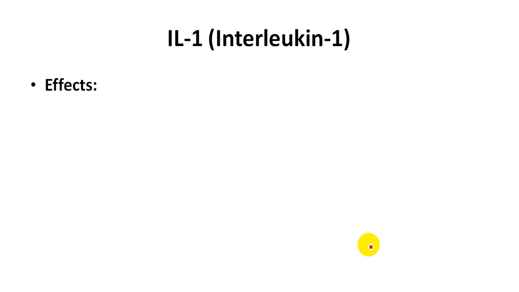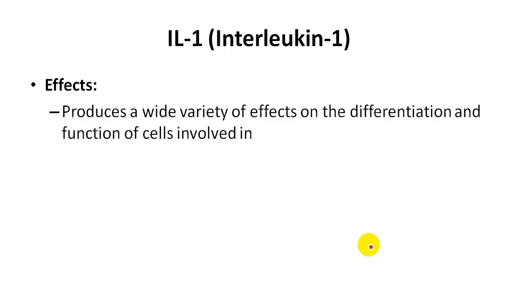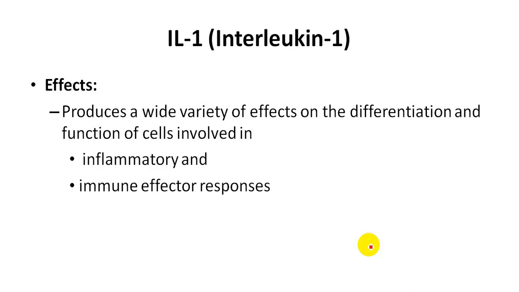Now, what are the effects of interleukin 1? Interleukin 1 produces a wide variety of effects on the differentiation and function of cells involved. It can lead to inflammatory response, and it can also lead to immune effector responses.